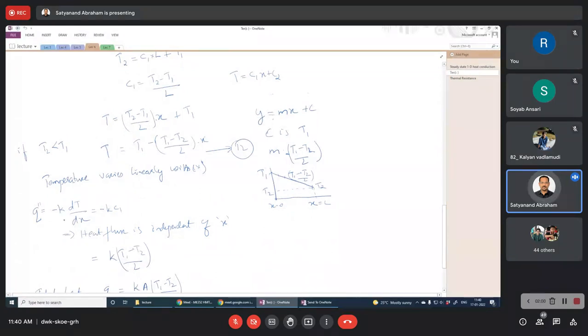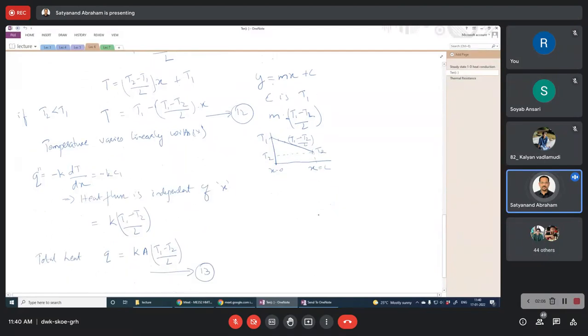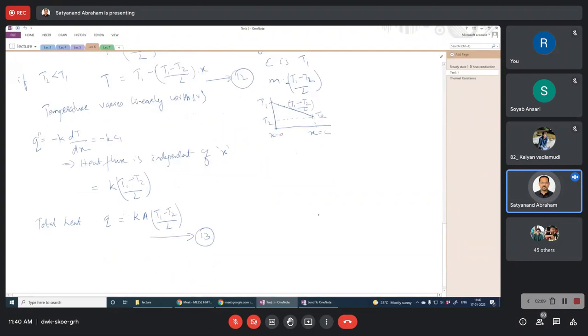In that case, the heat flux is not a function of x, not a function of position within this slab.